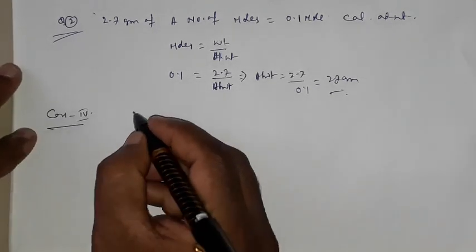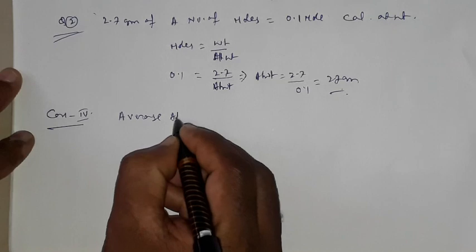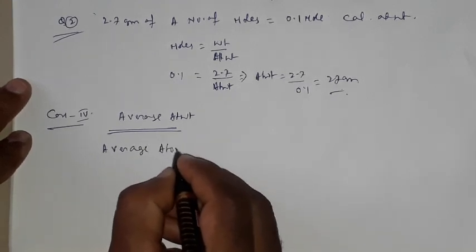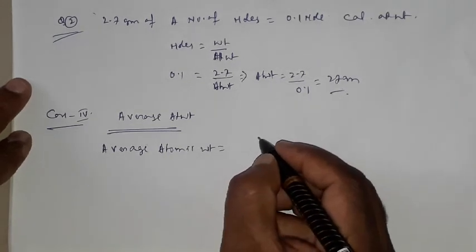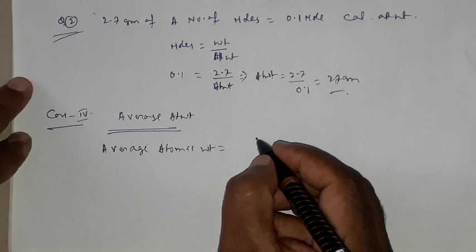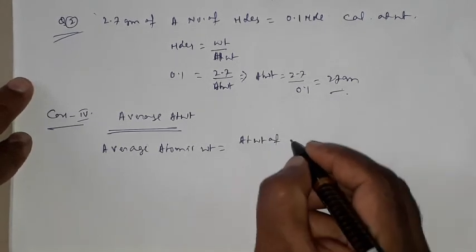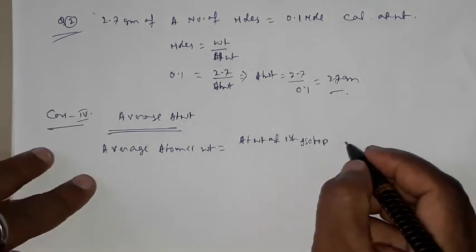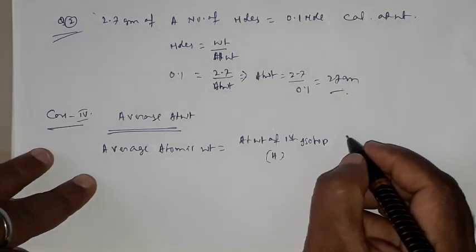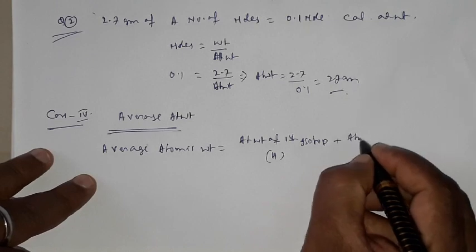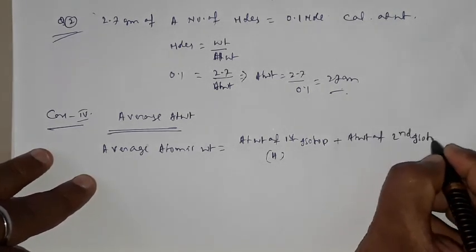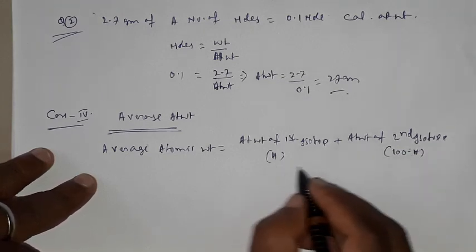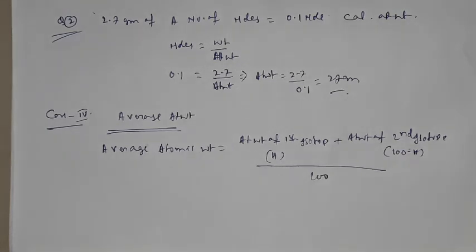In this case, average atomic weight equals atomic weight of the first isotope into H plus atomic weight of the second isotope into 100 minus H, all divided by 100. I will give an example, you will get the idea.